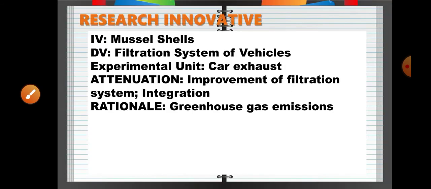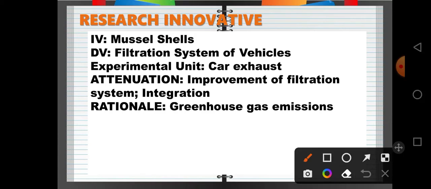So for research innovative, we have the following. We have mussel shells as our independent variable. Dependent variable is the filtration system of vehicles. Experimental unit is car exhaust, or the tambucho. Then attenuation process, we must improve the filtration system. Note, class, the keyword improvement.